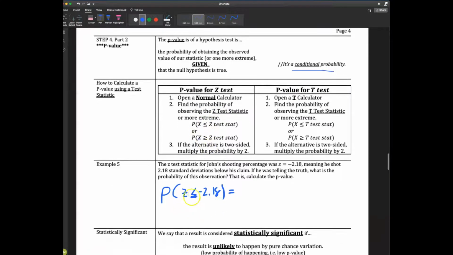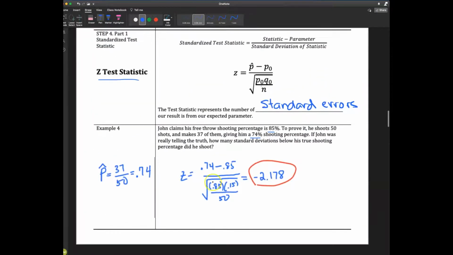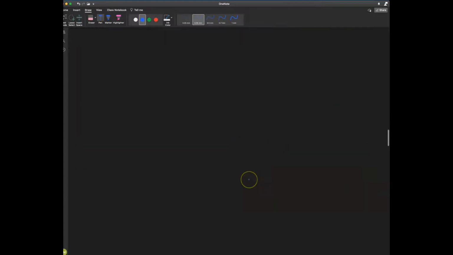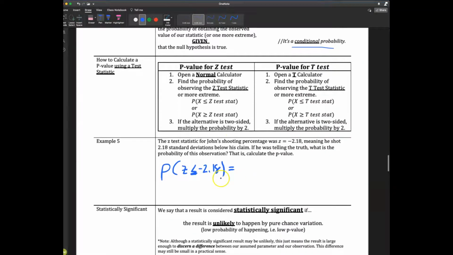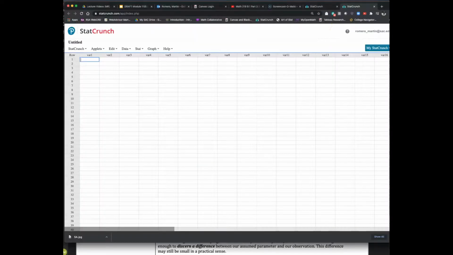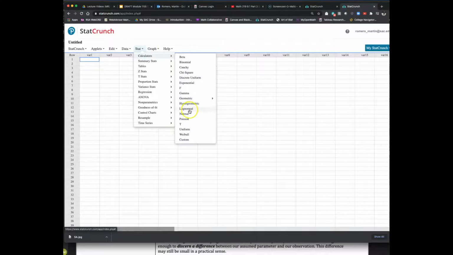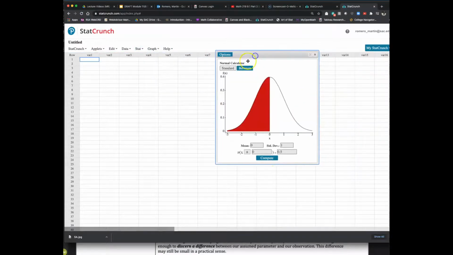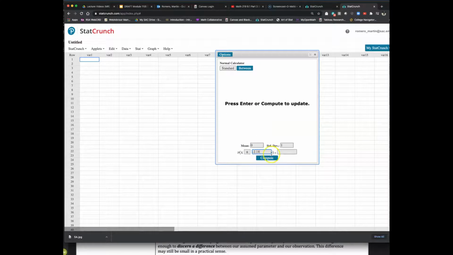What is the probability that his z-score would be less than or equal to negative 2.18? That would be calculator, normal, and we want that it's less than negative 2.18.